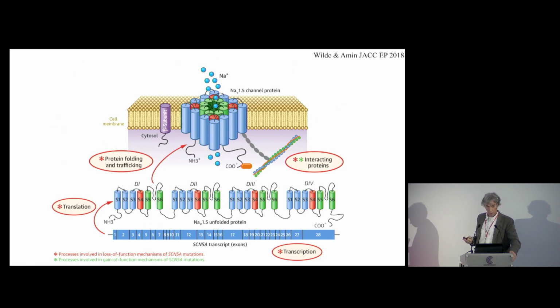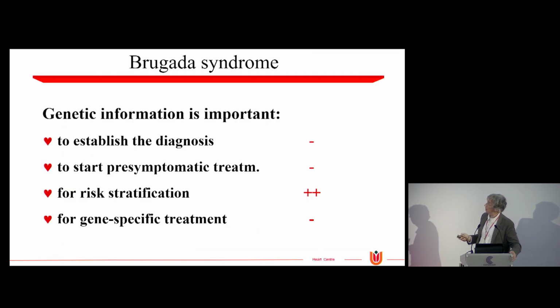But for the loss of function, there are many more mechanisms, and they mainly relate to trafficking. So if protein folding or trafficking is involved, even translation or transcription, that all can lead to a decrease in function, so loss of function of the sodium channel.